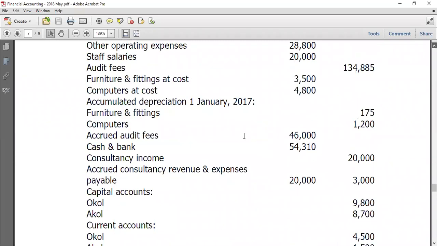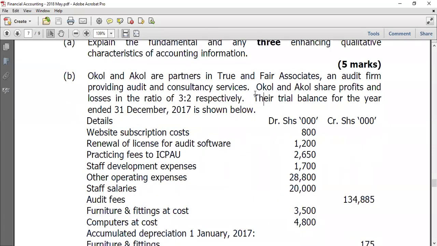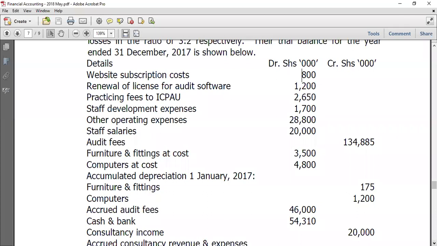As you can see, explain the fundamentals of enhancing qualitative characteristics of accounting information, 5 marks. That one you must be knowing right now. A common question there. So this is a partnership and they're giving us their trial balance, debit, credit. You must be able to interpret a trial balance at this level.